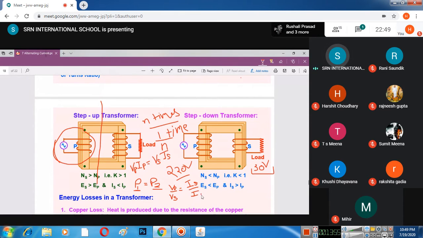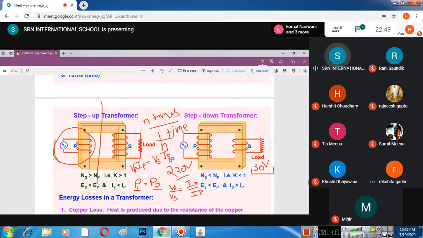That means these two are inversely proportional to each other. If we increase the potential, the current will decrease, and if we decrease the potential, the current will increase. Is it clear to everyone?